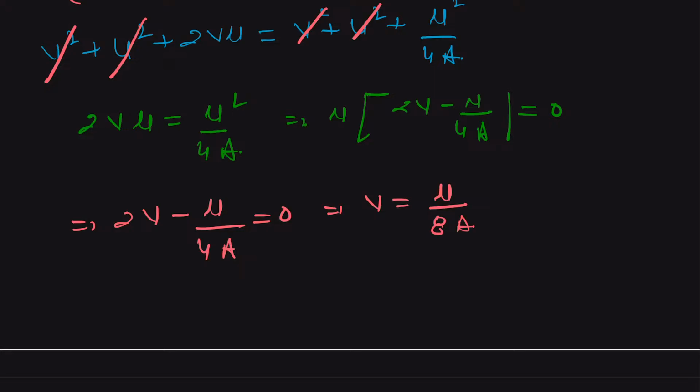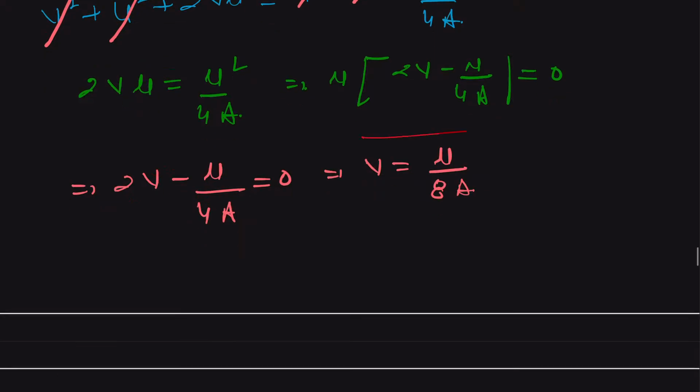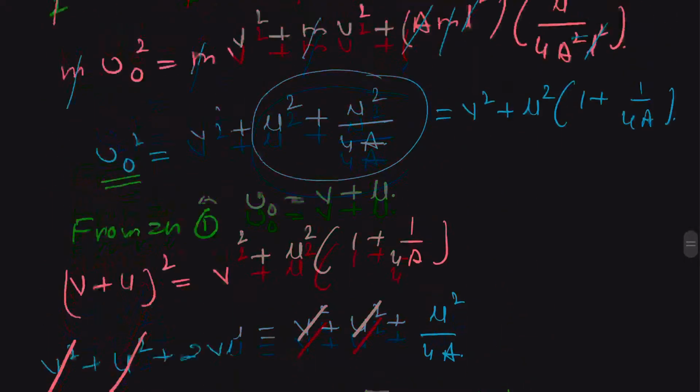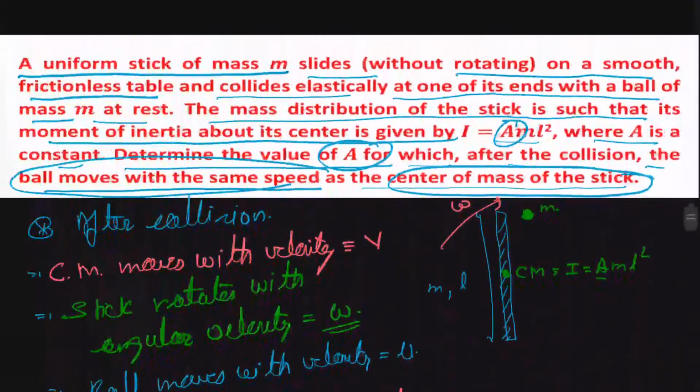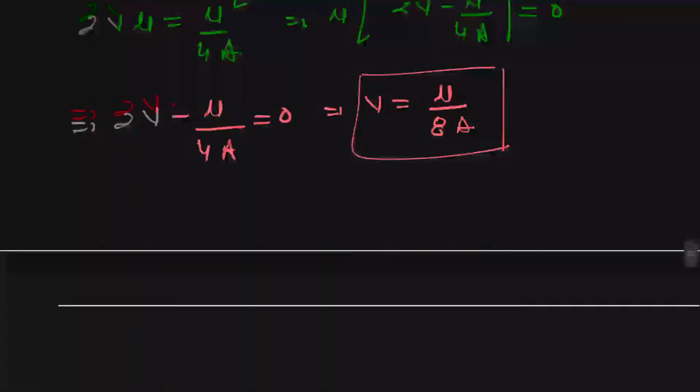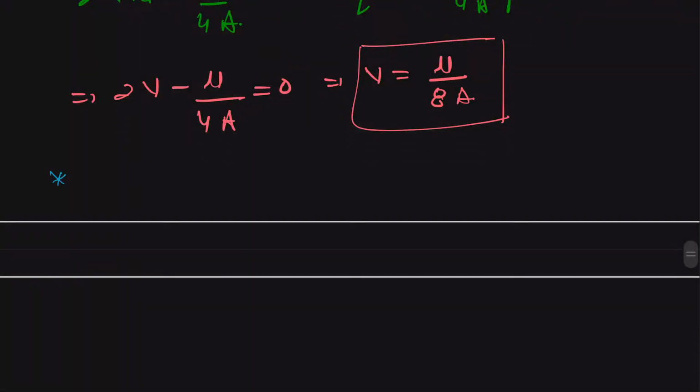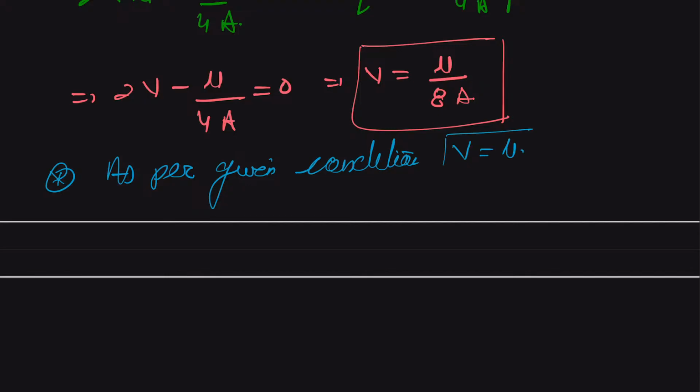Okay, so this is our velocity of our center of mass. But we are given a condition in the question that the ball moves with the same speed as the center of mass of the stick. It means V should be equal to U. That's a given condition for us. Therefore, as per the given condition, we have that our V is equal to U. Center of mass speed should be equal to velocity of the ball.